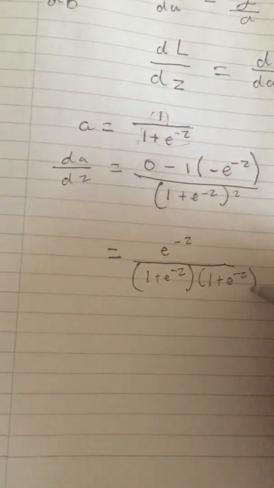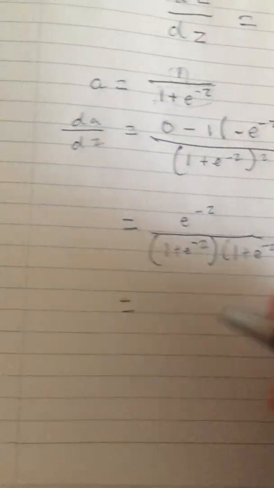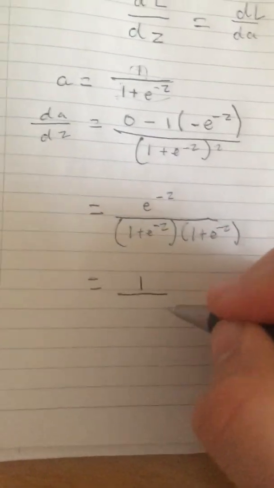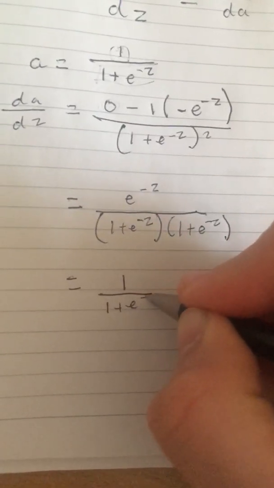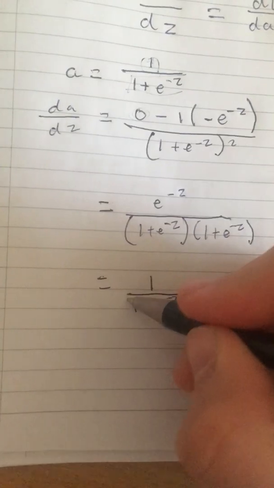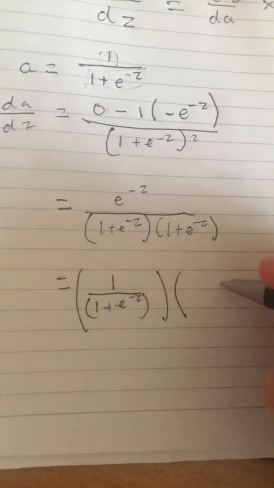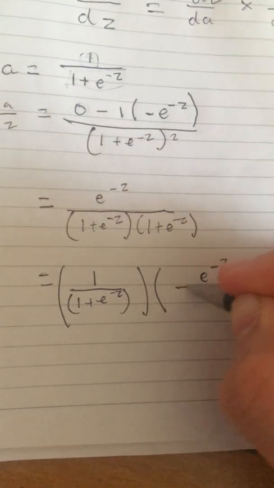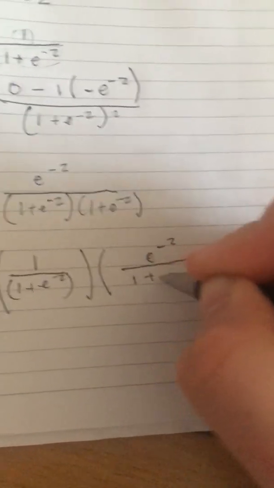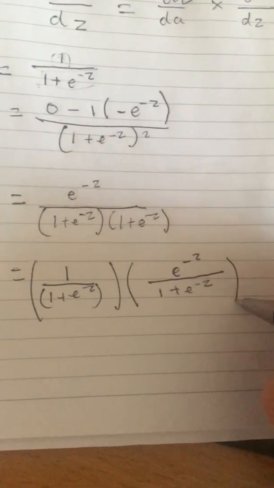Right. And then we can split this up into two fractions. 1 all over 1 add e to the negative z there, multiplied by e to the negative z all over 1 add e to the negative z. Now, let's turn over the page.